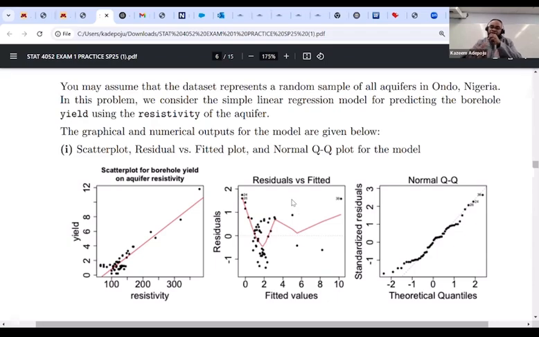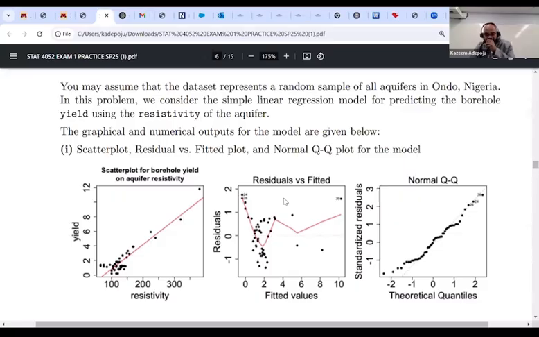A residual plot is done after you have estimated your model parameters. And for there to be a straight line, residuals should show no pattern. And let me also tell you this. A residual plot can be used to investigate two assumptions. One, the assumption of linearity. Two, the assumption of constant variance.